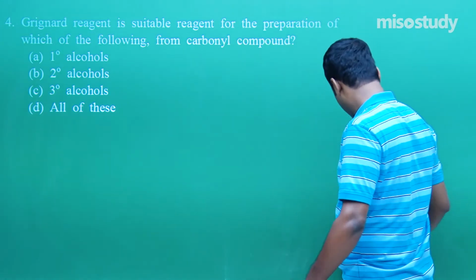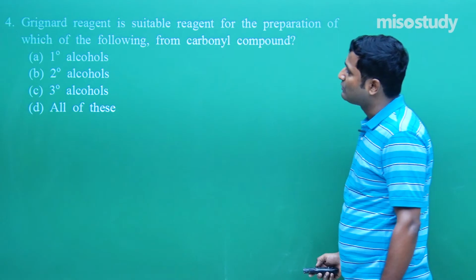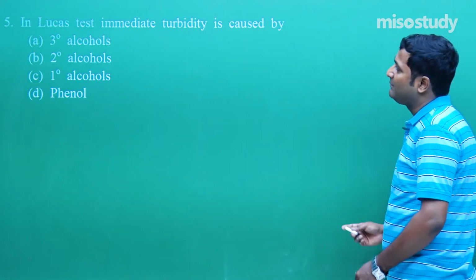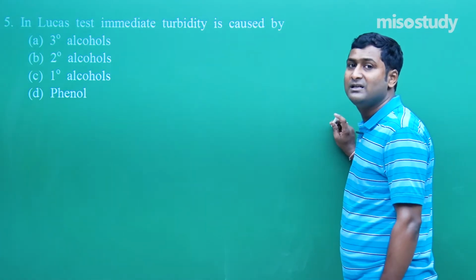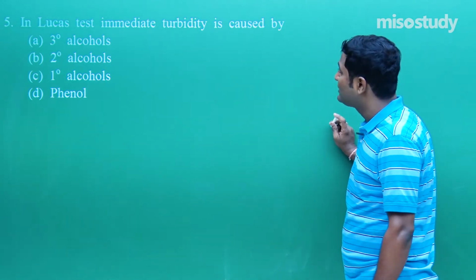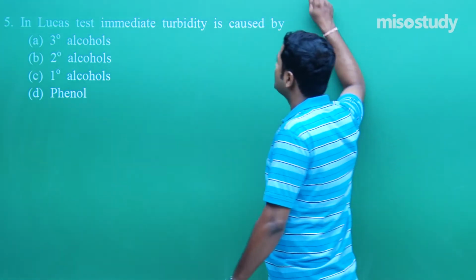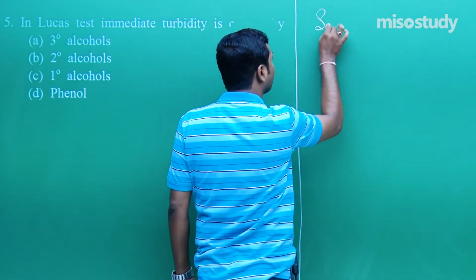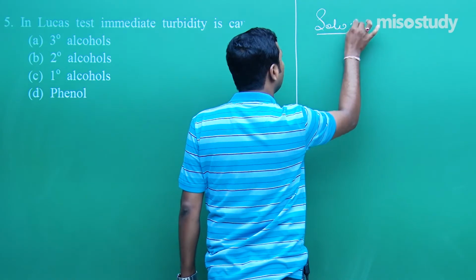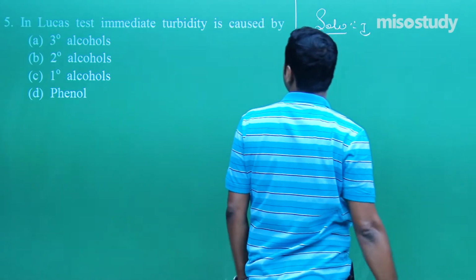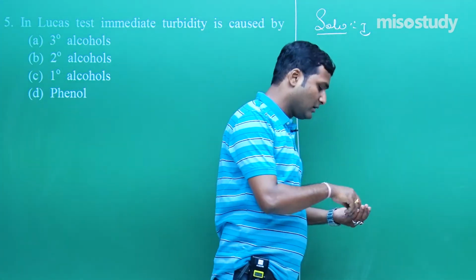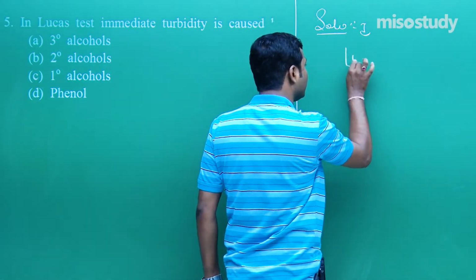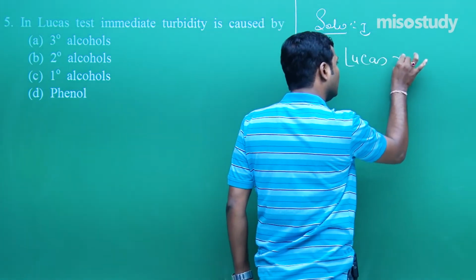Now let's move to the next question, that is question number 5. In Lucas test, immediate turbidity, meaning cloudiness, is caused by. Now this is the best question. Now how to solve this question? Check it out. If I talk about the immediate turbidity, it's very simple. What is Lucas reagent? That's the question first of all.